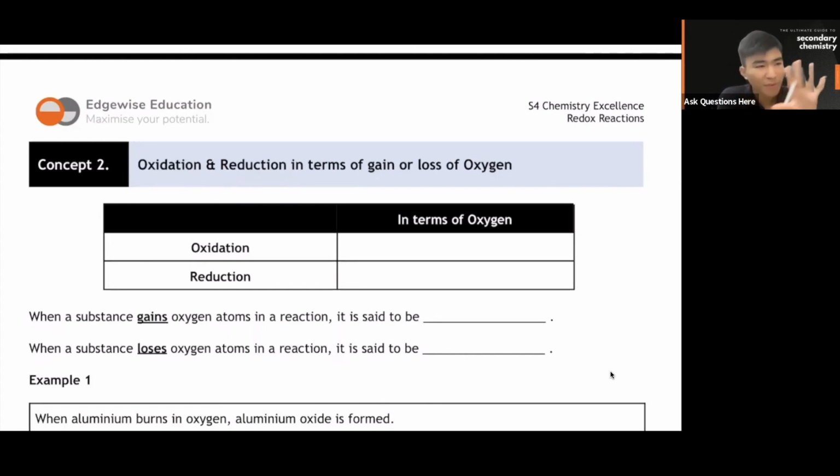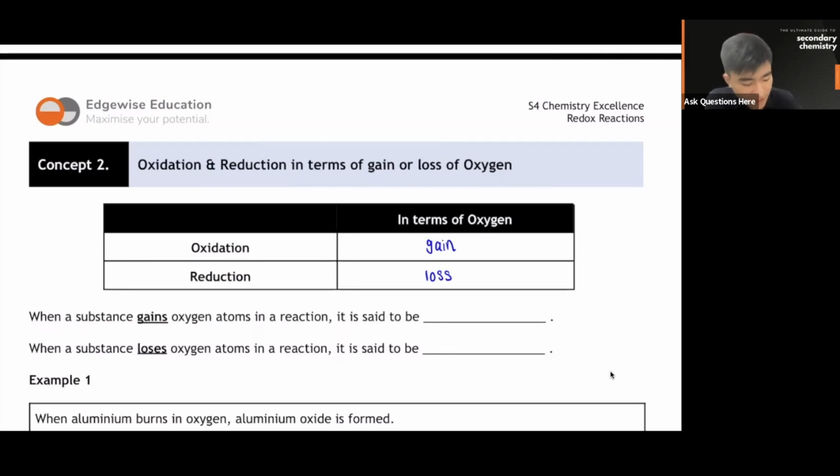So scientists have come up with a plan to define for us what the term oxidation and the term reduction are referring to. Now, oxidation refers to the gain in oxygen, whilst reduction refers to the loss of oxygen. Now, if you don't understand this, don't worry, let's proceed first.